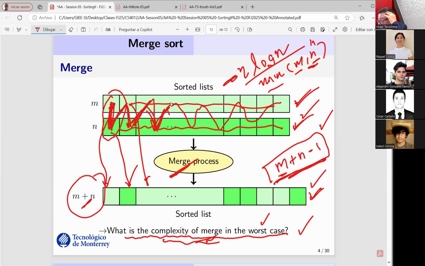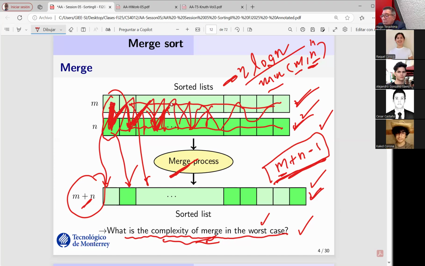Why the minus 1? Remember finding the maximum in an array. You need to compare the first two elements, and with one comparison you decide which one is larger. The same here, and then you continue doing the comparison of the other elements.